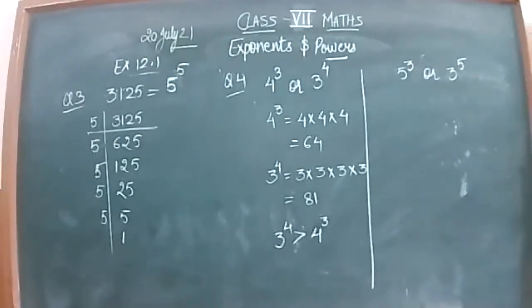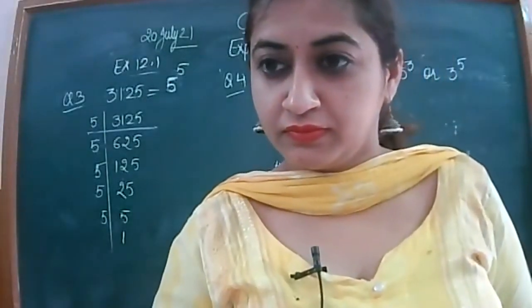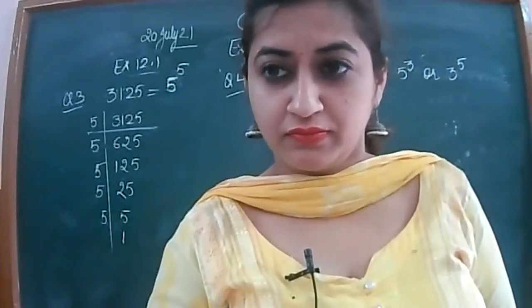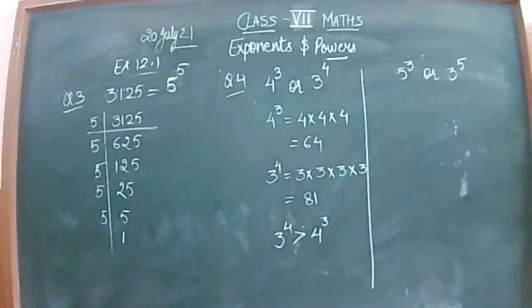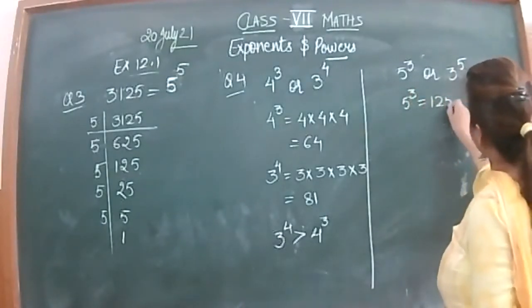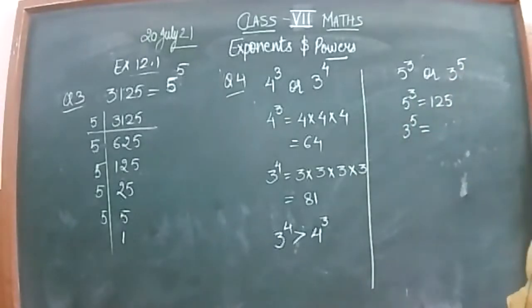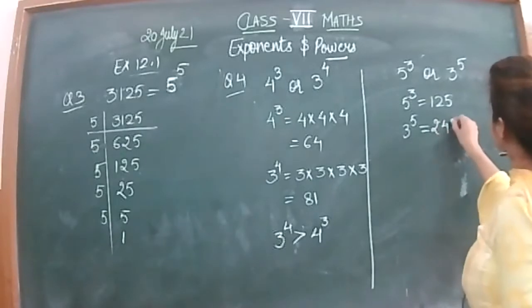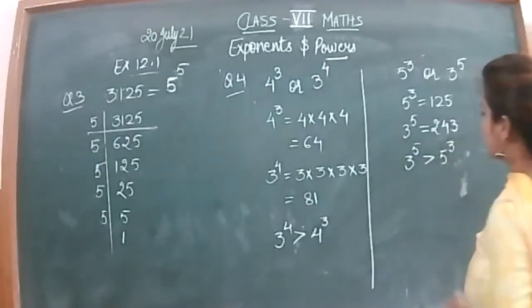Solve this, beta. Five cube is 125 and 3 raised to power 5 is 243. So 3 raised to power 5 is greater than 5 raised to power 3.